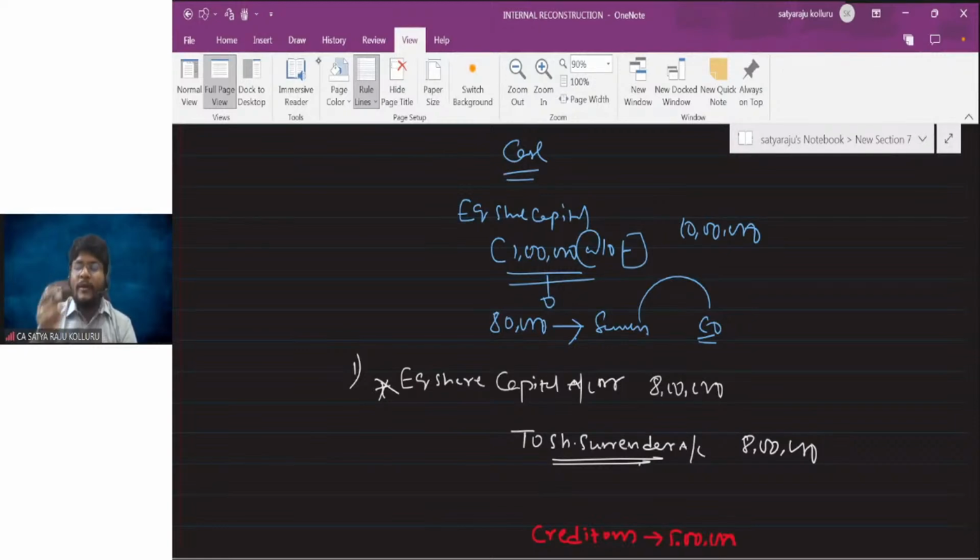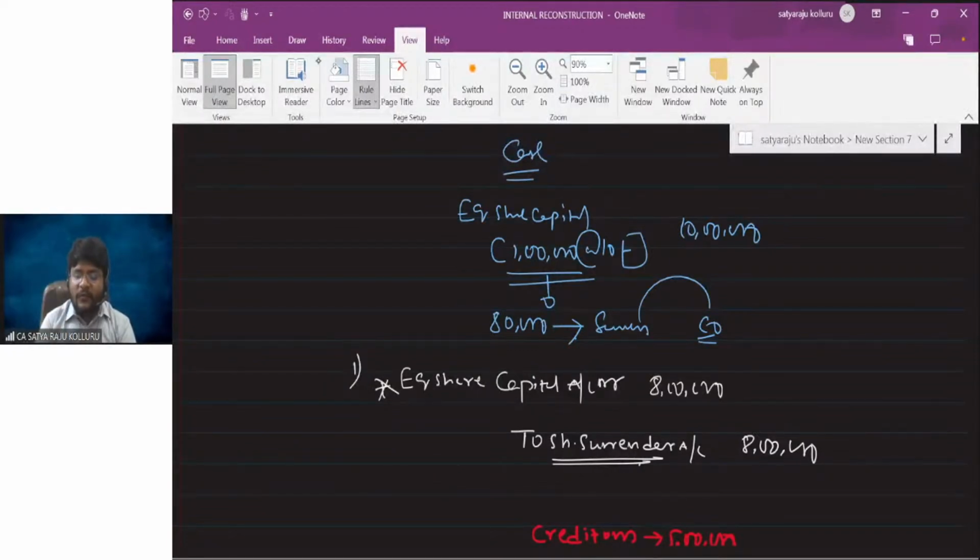If any amount is sacrificed by the shareholder directly, then in the earlier situation, we straight away transferred it to reconstruction. But if the shares are surrendered by the shareholders to the company, then we just pass equity share capital to share surrender. We are not transferring any amount to reconstruction.